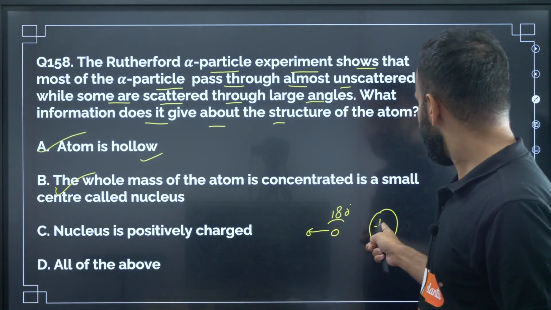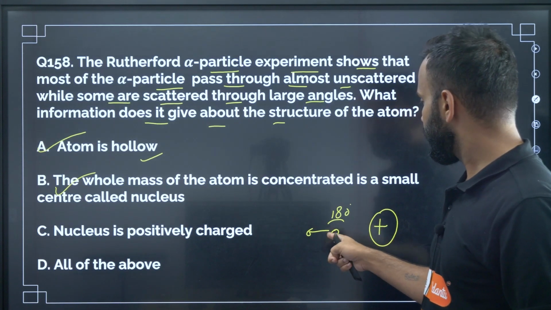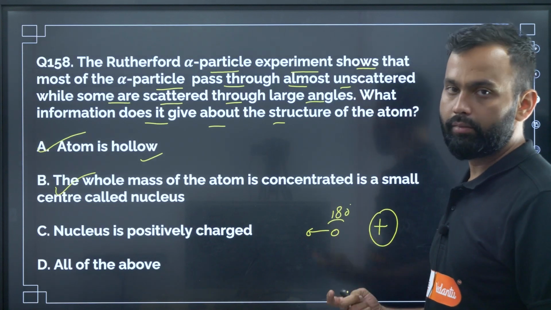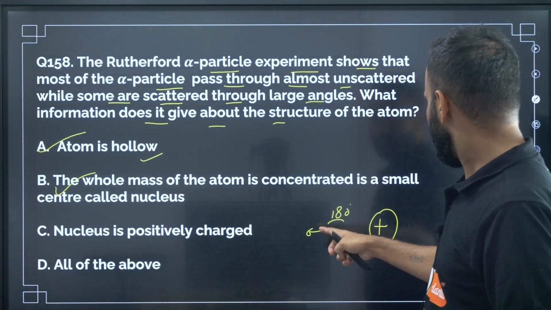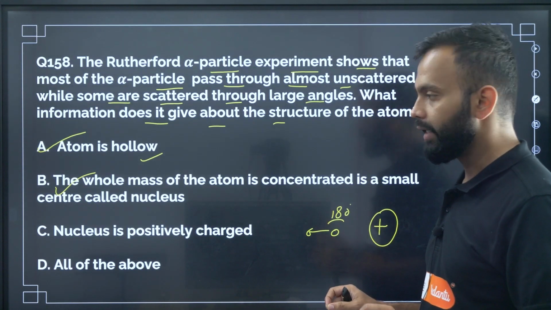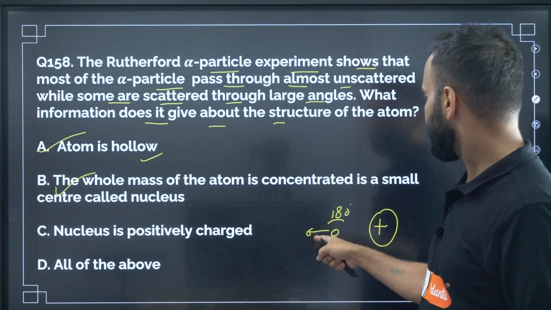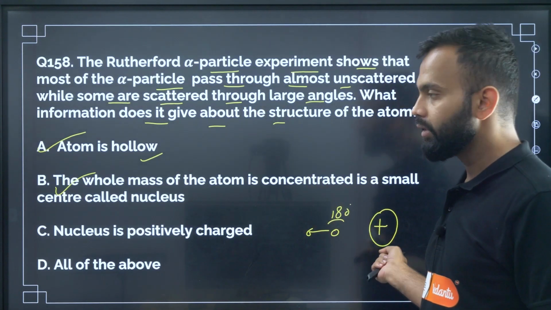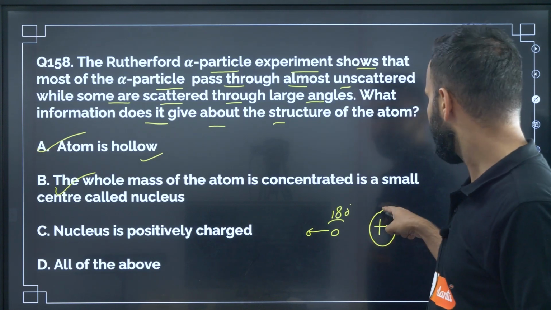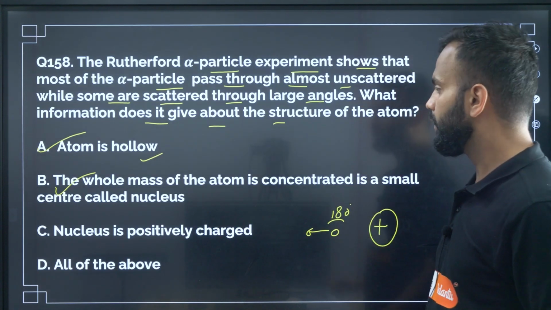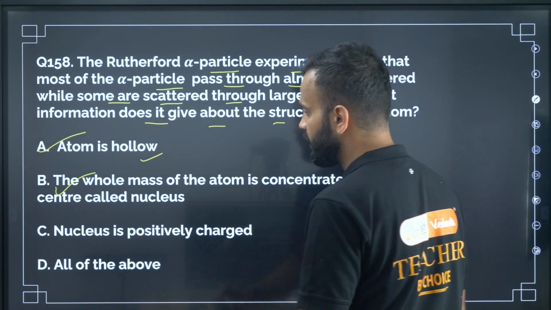Because there is a force of repulsion between like charges. Alpha particle is positively charged, so when it is scattered by 180 degrees, it means the nucleus of the gold foil is also positively charged. So option C is also correct.